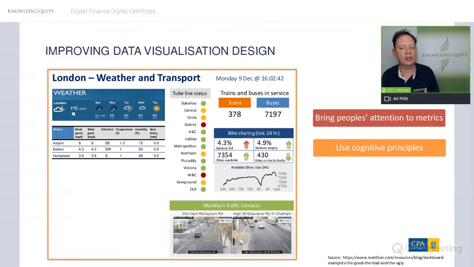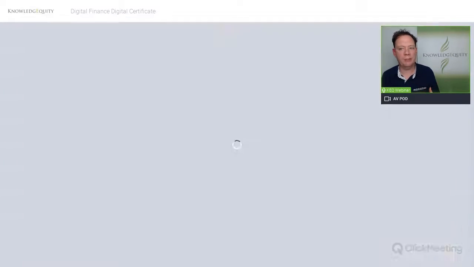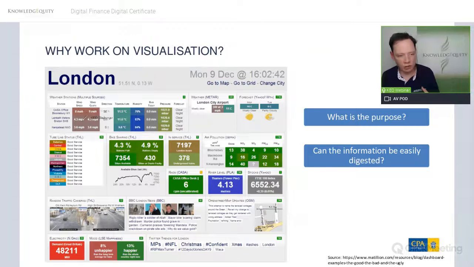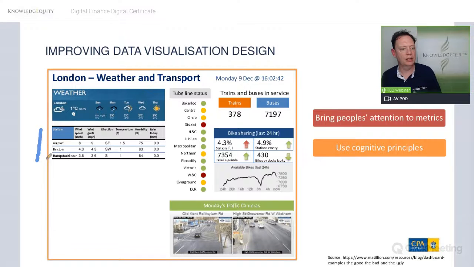In terms of how I'm trying to use cognitive principles, I'm not able to use them all here, but if we look at something like the weather over here, using proximity can be about taking out all of these colors and the gray and enabling people to see it just through using a few lines to separate, reducing the number of categories, keeping it simple.